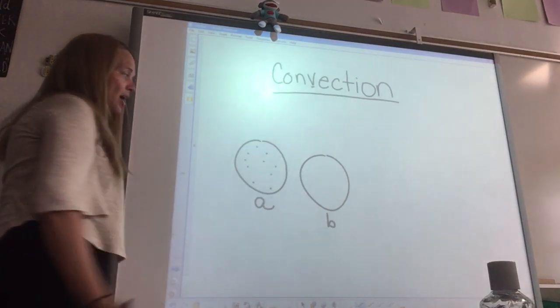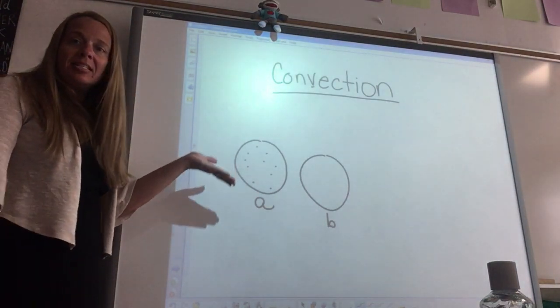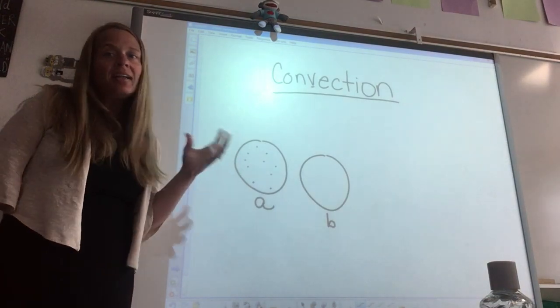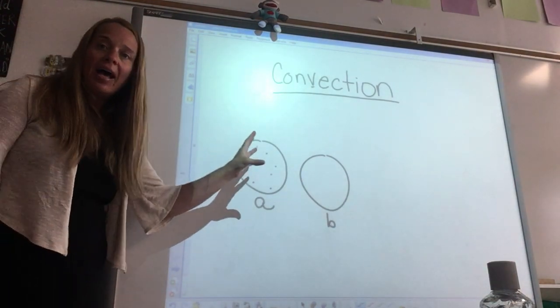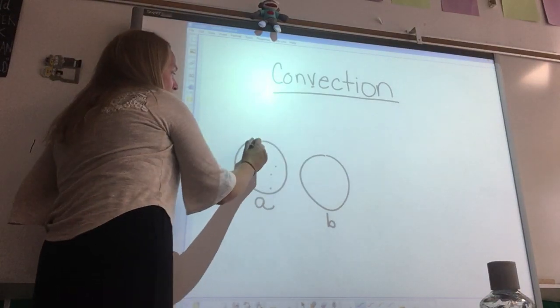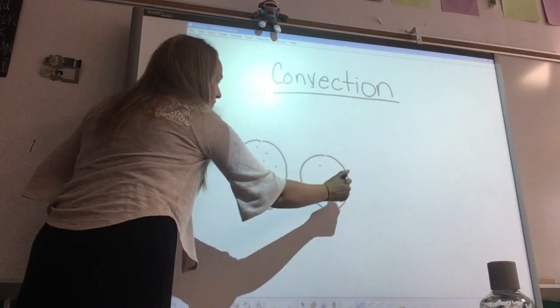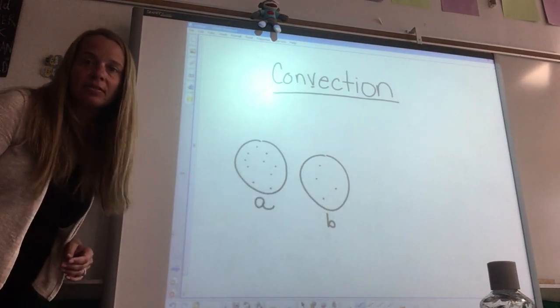Our molecules are spread apart. Now I'm going to take some heat, maybe it's the sun, maybe it's a hair dryer, any type of heat, and I'm going to add it to this sample. Now these molecules are going to move around even more. Maybe this molecule is going to move out here, and this molecule is going to move over there. So inside my sample, I have fewer molecules.